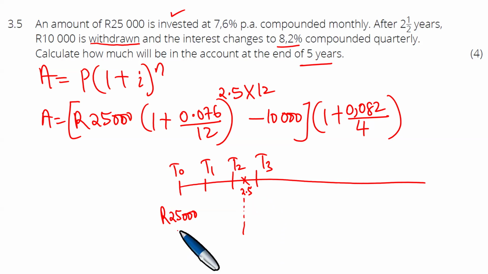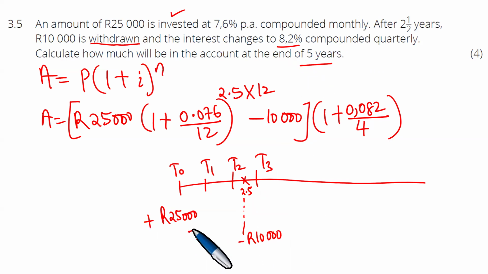And at this point, we note that there's an amount of 10,000. This was an investment, but here this 10,000 is removed. The 10,000 is withdrawn, and the interest changes simultaneously to 8.2%.